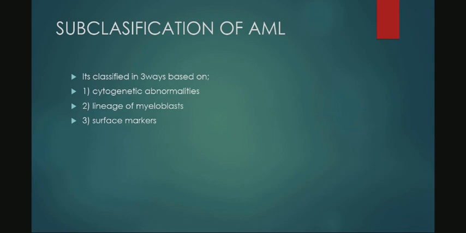And we said B-ALL is the common subtype, and the surface markers you'll find are CD10, CD19, and CD20. While in T-ALL, the surface markers involved are CD2 to 8. Okay, we went ahead and subclassified acute myeloid leukemia based on the cytogenetic abnormality involved and the lineage of the myeloblast involved. Is it the monoblast? Is it the erythroblast? Is it the megakaryoblast?